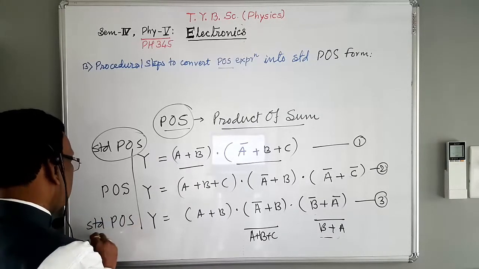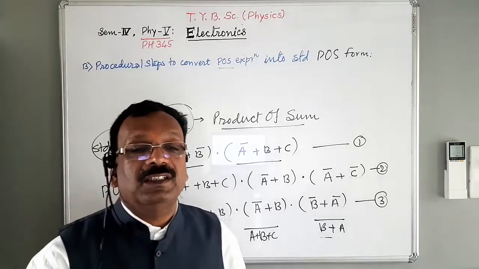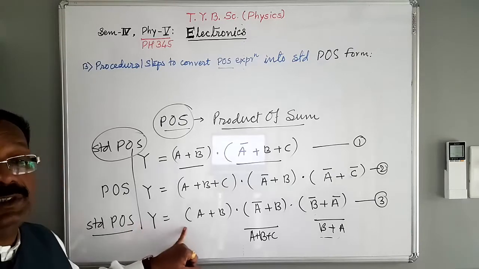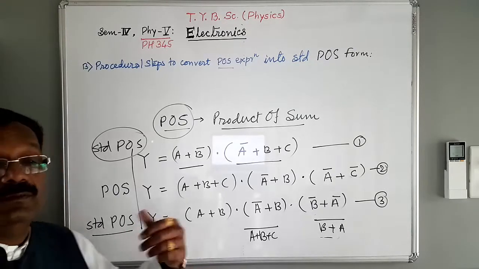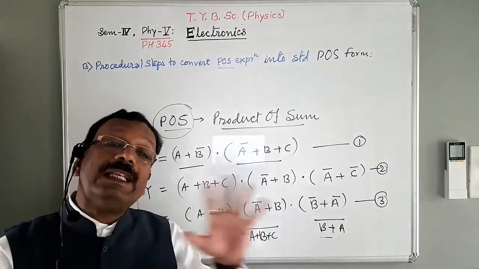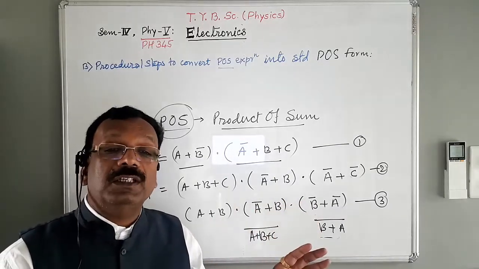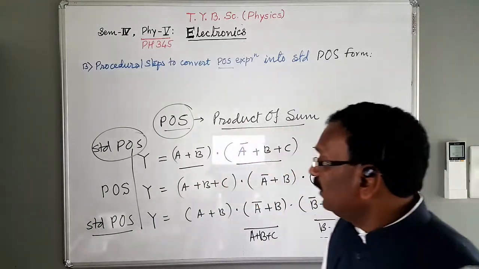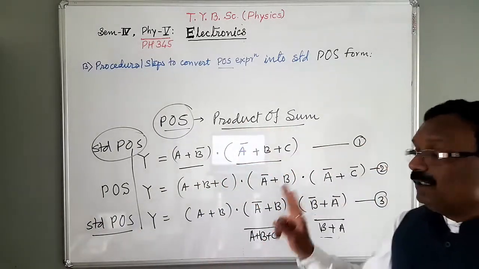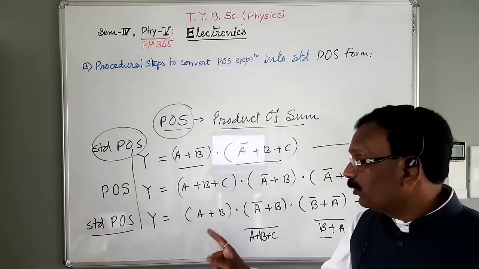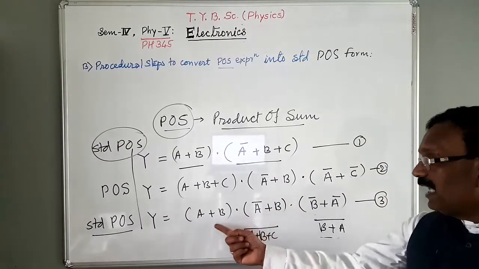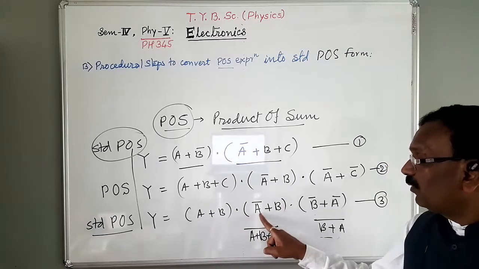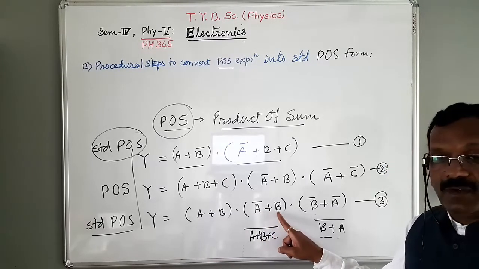In this standard POS equation, each term includes all the literals, or all the inputs, in complemented or uncomplemented form. Here equation 3 has two literals, or two inputs, and every term has the same two inputs, either in complemented form, these are the complemented form, and this is the uncomplemented form.